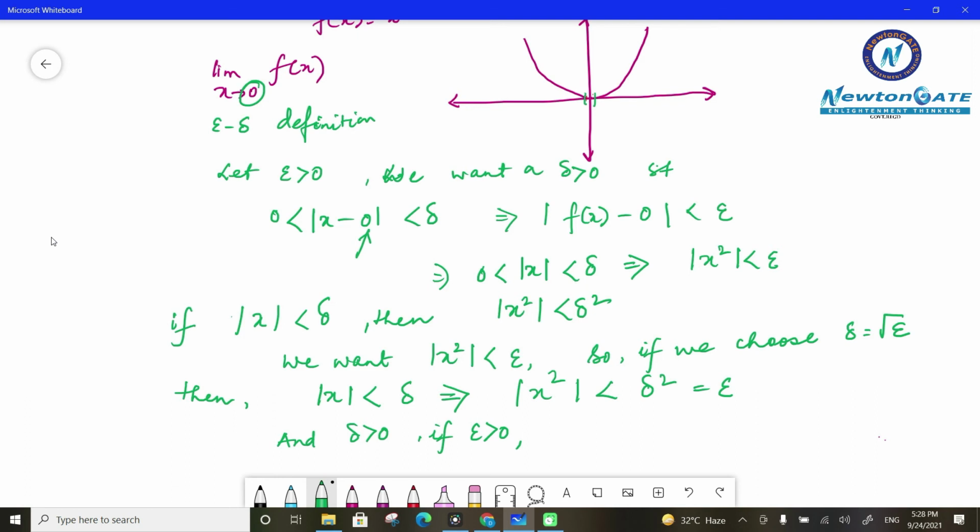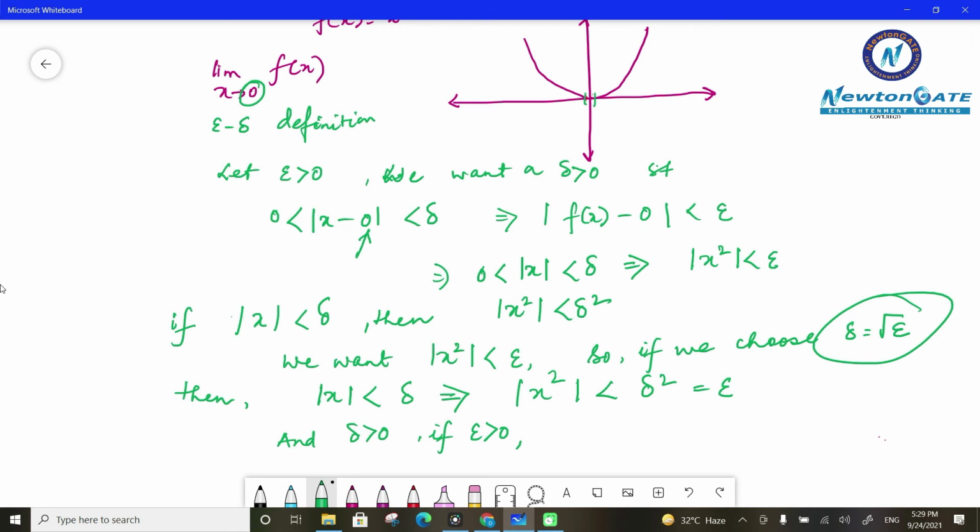So what we have done here is, I had taken mod x less than delta and from there fx is less than epsilon. Now fx was x square, so I wrote it like if x square is less than epsilon, then it has to be less than delta square also, and what I took, delta square is equal to epsilon, so my value of delta became root over of epsilon. Root over of epsilon will always be lesser than epsilon.